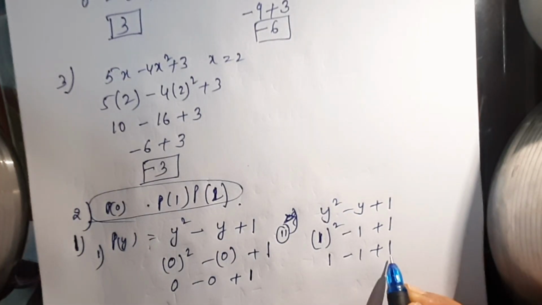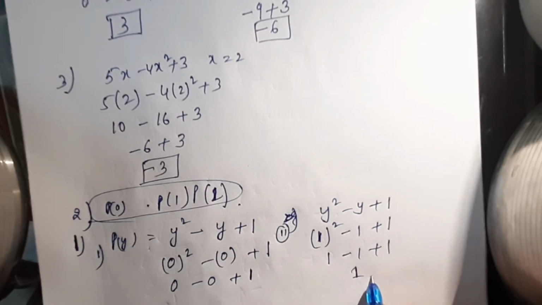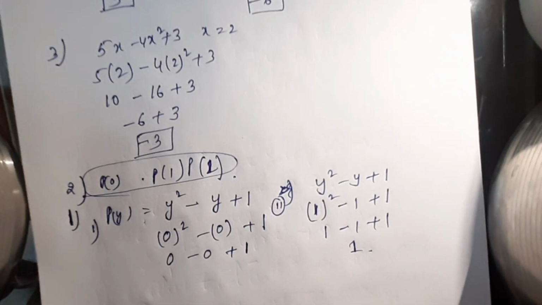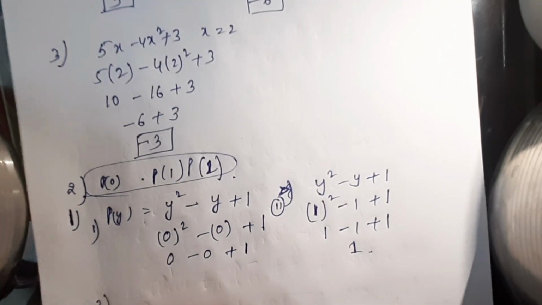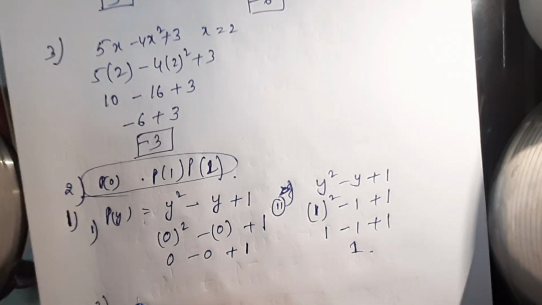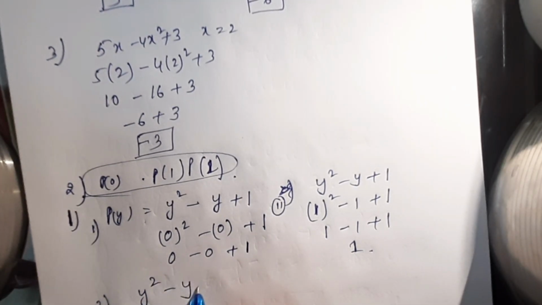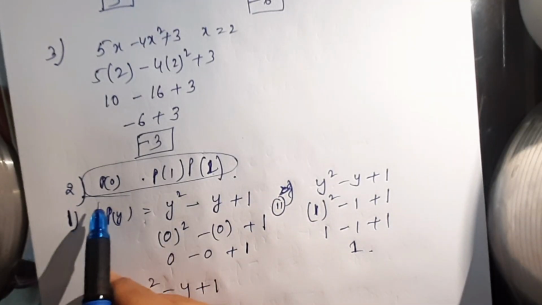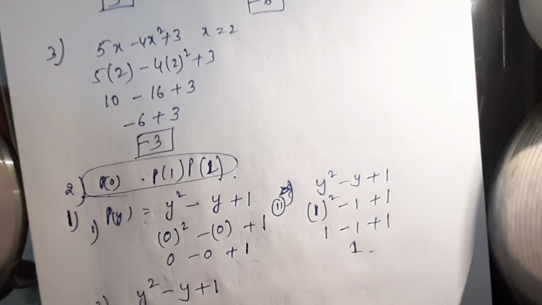Now plus 1 minus 1 plus 1. So the value is 1. We need to replace y now with 2, as the 3 different values 0, 1 and 2 are given. So let's replace y with 2 now.